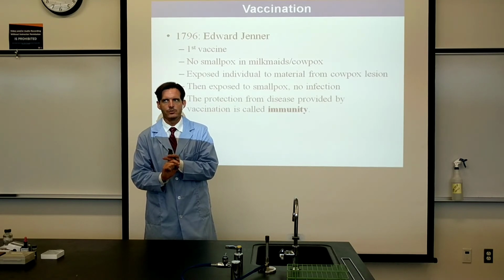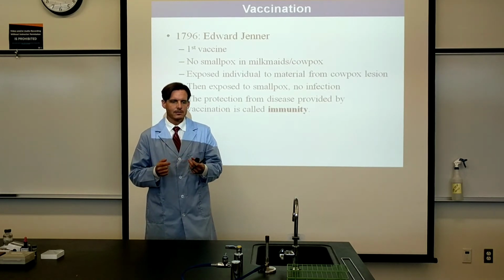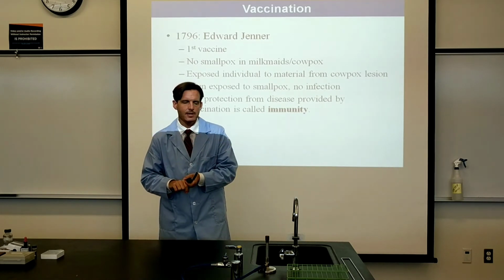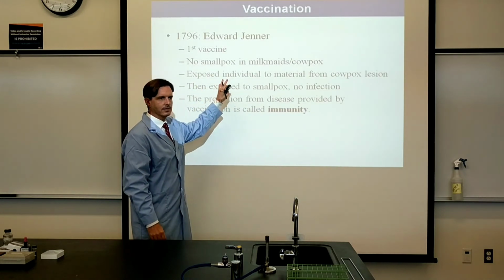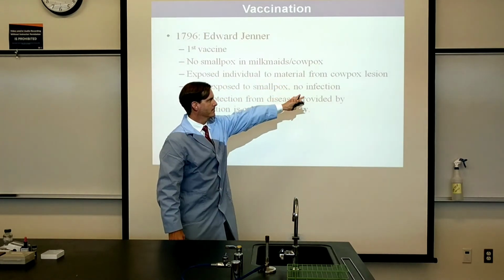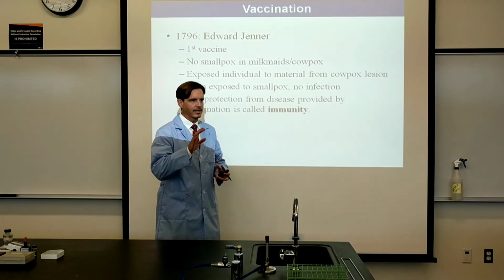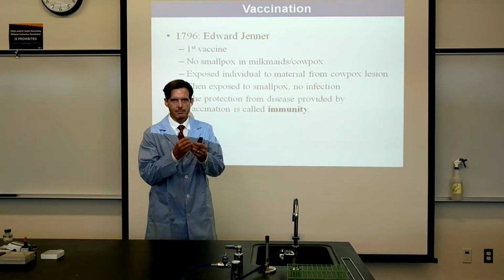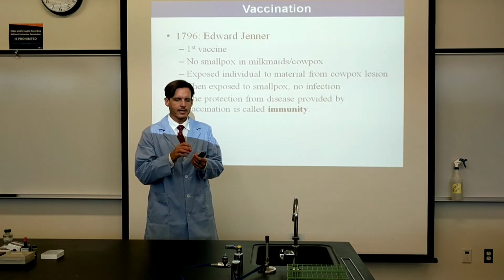And so Jenner made this connection that somehow these ladies would be saved from the deadly battle with smallpox. Knowing that, he decided that the way to develop a medical treatment was to take a cowpox lesion, a sore in the animal's hide, take scrapings from it and mix that up into a little bit of liquid that could be injected.